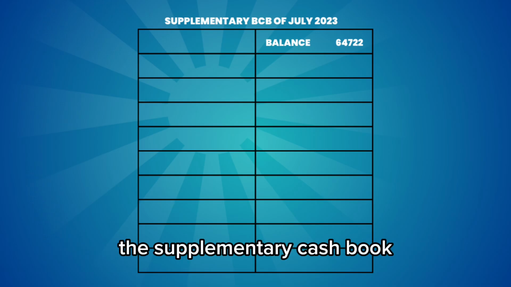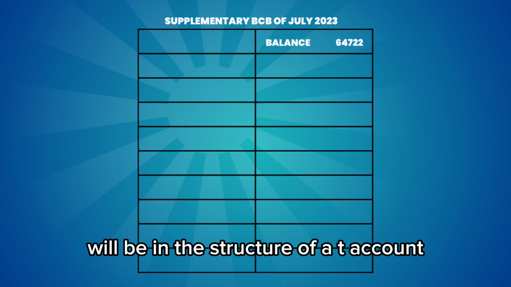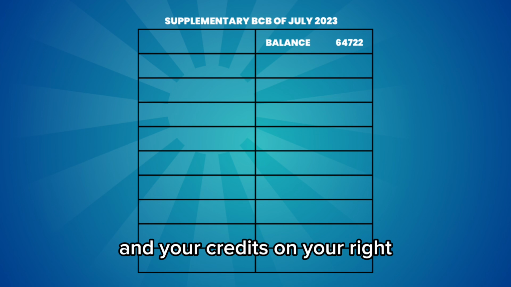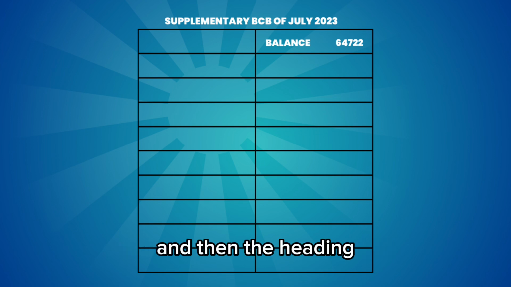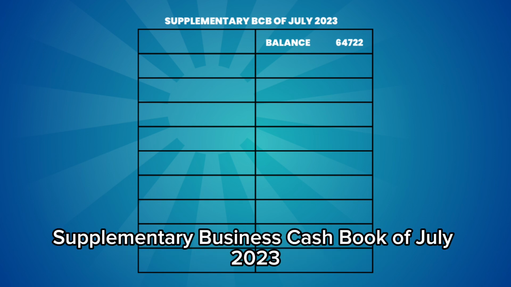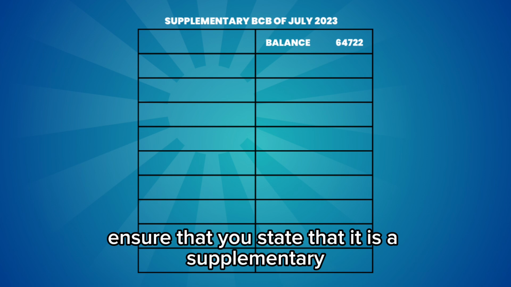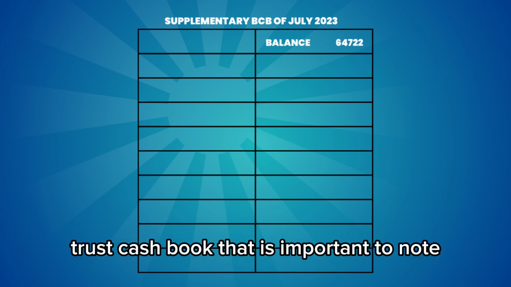The supplementary cash book will be in the structure of a T account, meaning you'll have your debits on your left and your credits on your right. And then the heading supplementary business cash book of July 2023 must be on top. If you're working with a trust cash book, ensure that you state that it is a supplementary trust cash book. That is important to note.